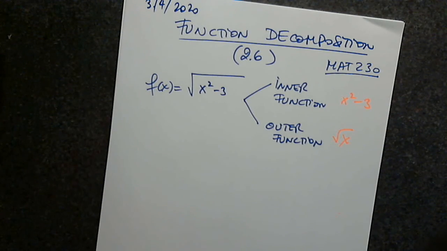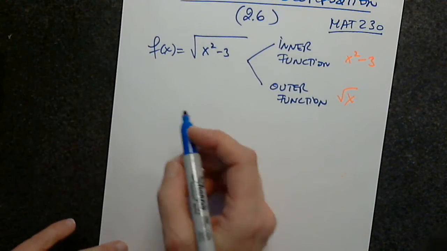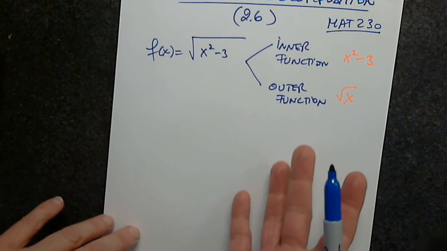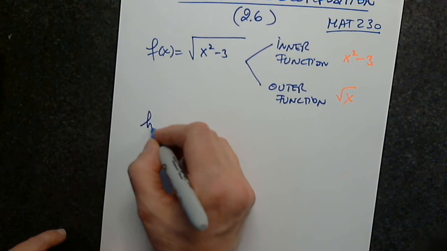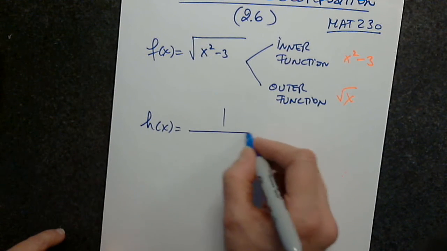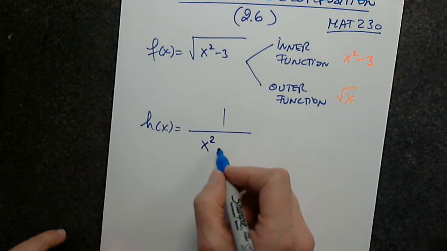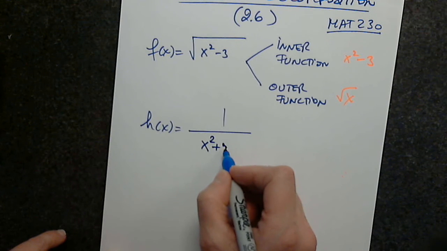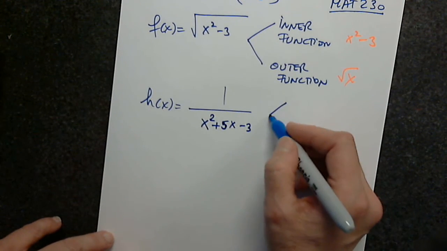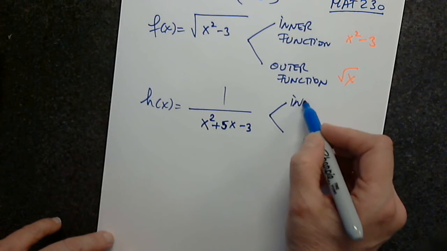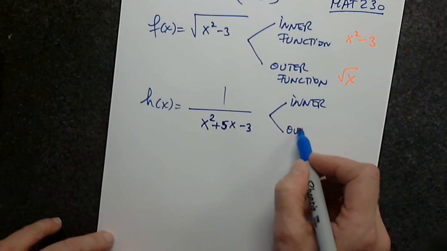Okay, let's look at another, and I would like you to decompose this function into 2 functions. Of course, I can use 3 functions, but we only need 2. Let's say h of x is 1 divided by x squared plus 5x minus 3. The same question here, we're asked for the inner and the outer.